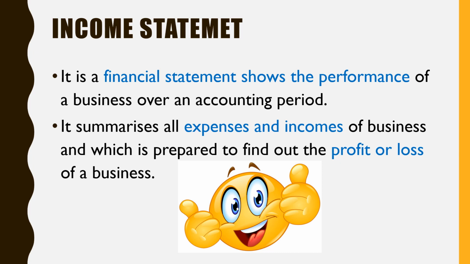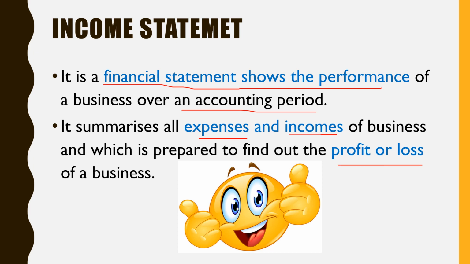Students, next we need to discuss two important statements in accounting. The first statement is known as the income statement. What is an income statement? An income statement is a financial statement or a report which shows the performance of a business over an accounting period. It summarizes all expenses and incomes of a business, and is normally prepared to find out the profit or loss of a business.